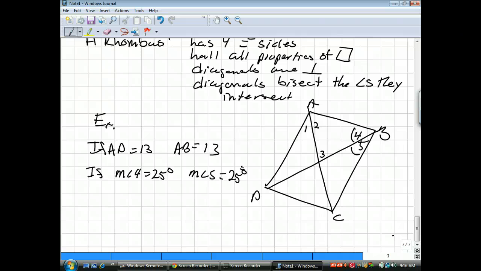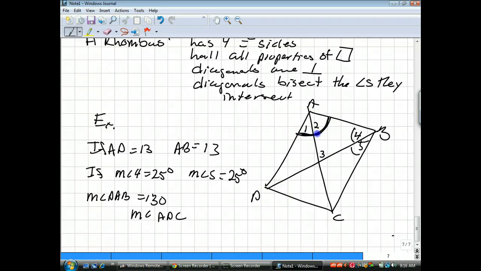If the measure of angle DAB equals 130, so DAB would be this whole angle. If that equals 130, then the measure of angle ADC, okay.